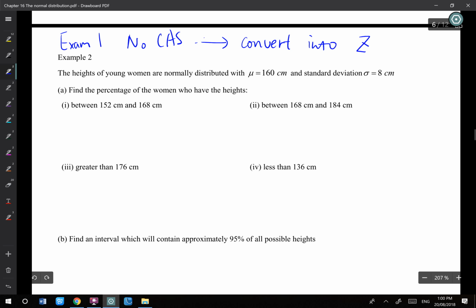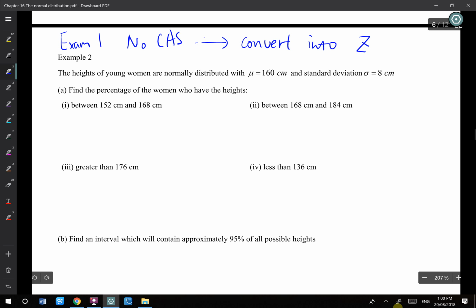Okay, so any distribution needs to be converted into Z first. So we talk about on Z what we have in between 0, 1, and 2, 0, 1 to 3, -1, -2, -3. So see example 2. Example 2 says the heights of young women are normally distributed.